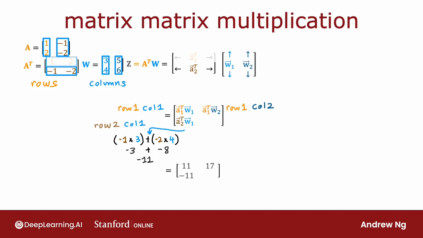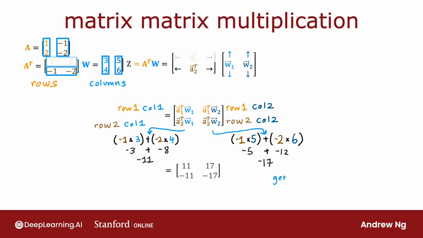And then we compute A2 transpose times the second column, and that's -1 times 5 plus -2 times 6, which turns out to be -17. So you end up with A transpose times W equal to this 2 by 2 matrix over here.